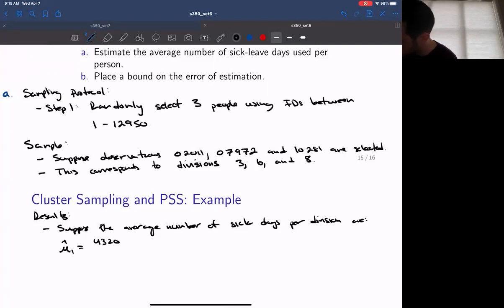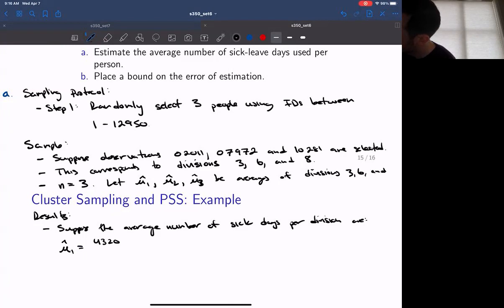Sorry, this corresponds to divisions 3, 6, and 8, so that gives little n equals 3. Then we'll let mu hat 1, mu hat 2, mu hat 3 be the averages of divisions 3, 6, and 8.